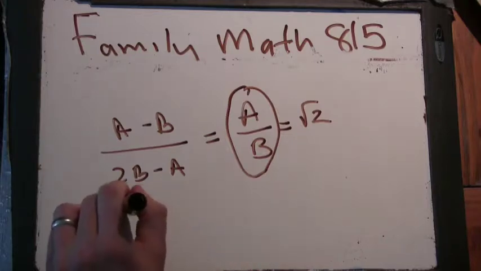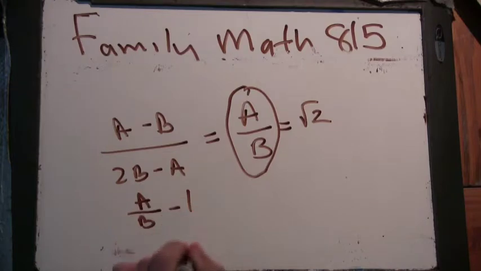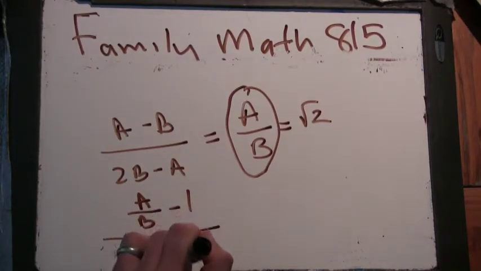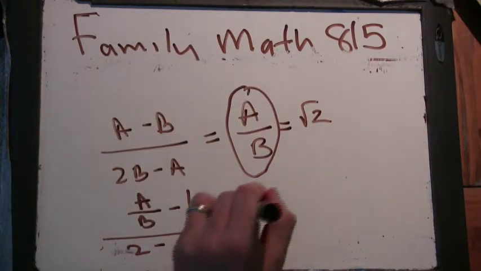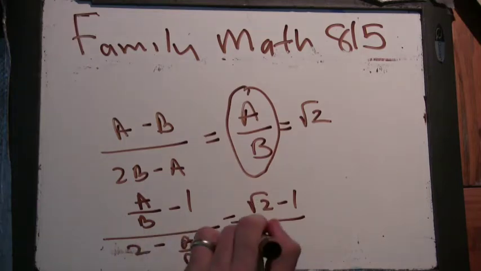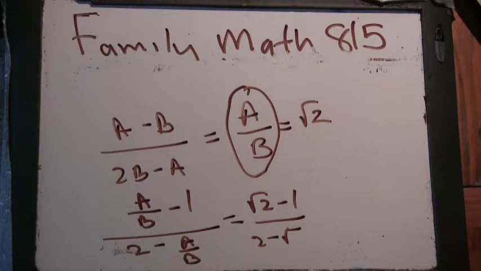So we get a over b minus 1 on the top, and 2 minus a over b. But we know a over b is root 2, so we can replace the a over b's. So root 2 minus 1 over 2 minus root 2.